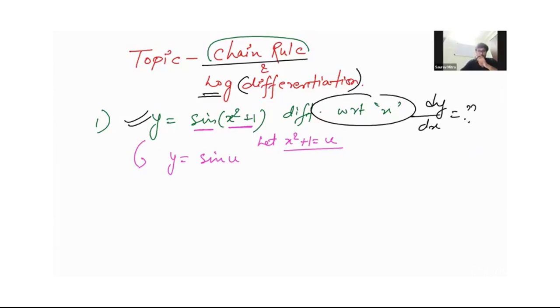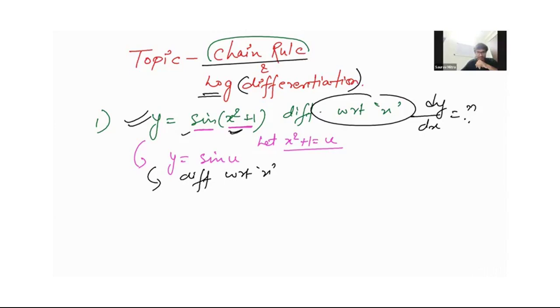So if I differentiate y is equal to sine u, how does this sine u come? It is because x square plus 1 is equal to u, which we have supposed. Now we will differentiate y is equal to sine u. See, we are discussing the chain rule, so first we will solve the sine function and then the u portion.